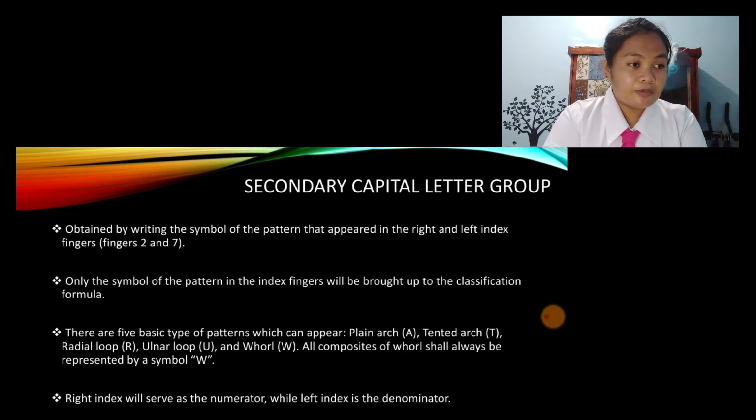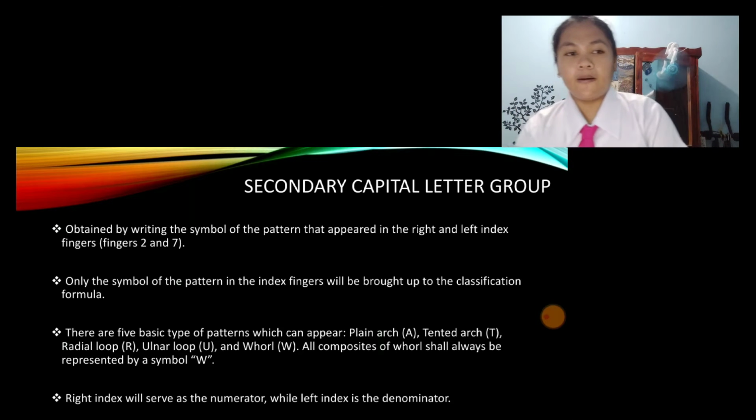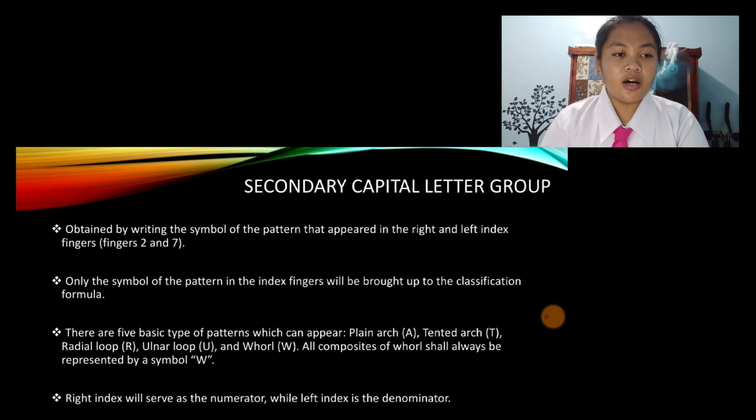There are 5 basic types of patterns which can appear: plain arc, tented arc, radial loop, ulnar loop, and whirl. All composites of whirl shall always be represented by the symbol W. Those are the patterns that must be brought up to the classification formula.